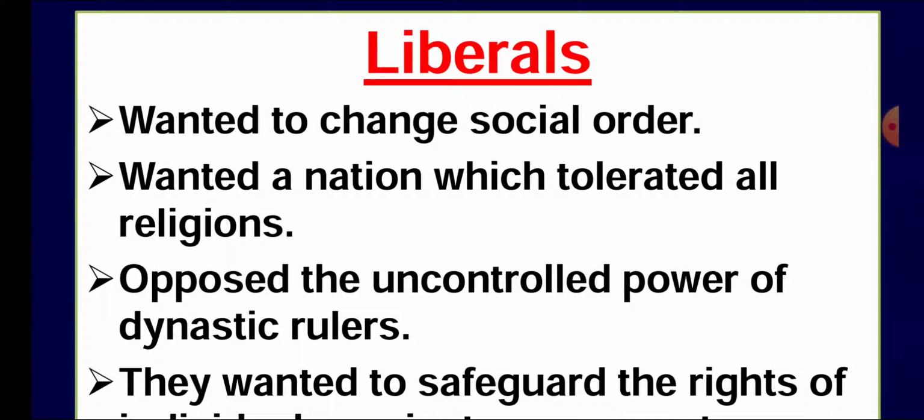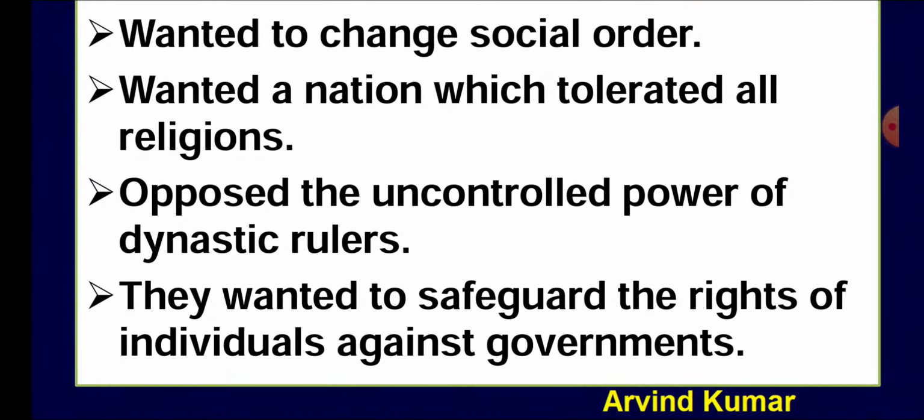They were not in favor of divine rights. They wanted to safeguard the rights of the individual against the government. Most of the students use this word wrongly, its pronunciation is government.